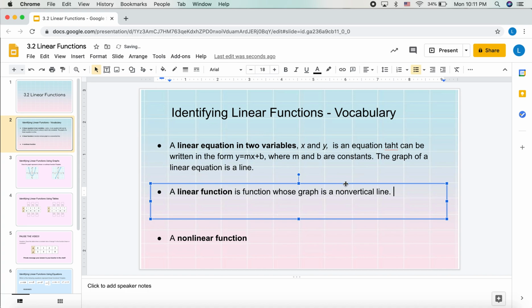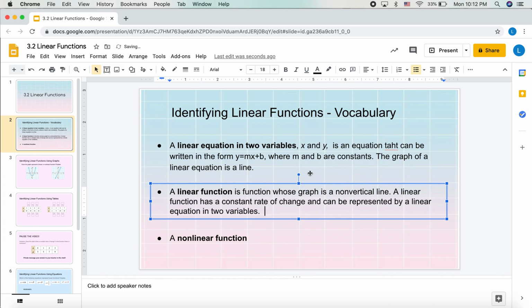And it's important that you keep in mind that it is a non-vertical line. And a linear function has a constant rate of change and can be represented by a linear equation in 2 variables.